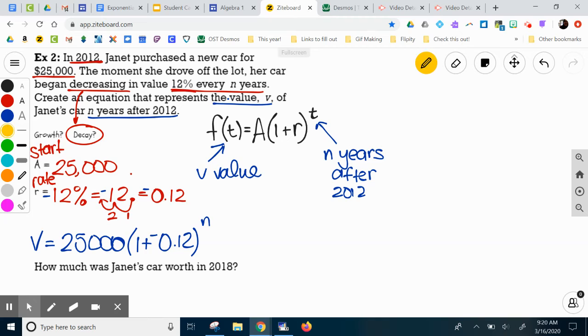Now we do need to simplify this right here, okay? So if you type that in your calculator, 1 plus negative 0.12, we end up with v equals 25,000 times 0.88 to the power of n.